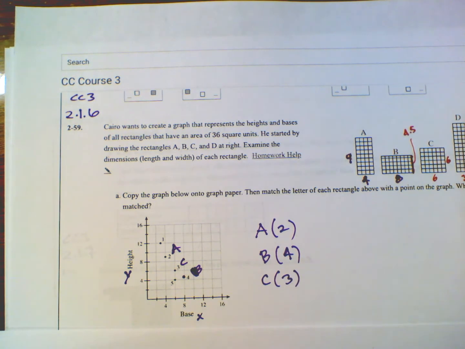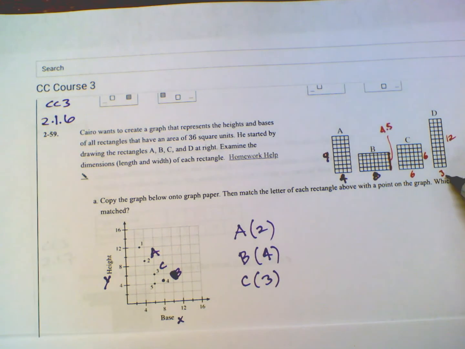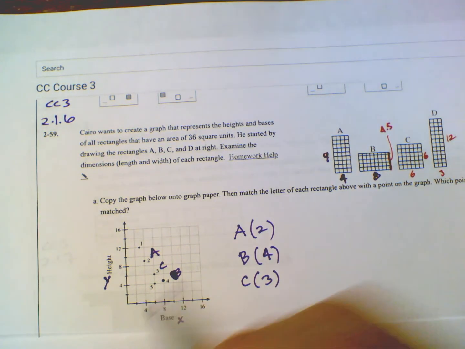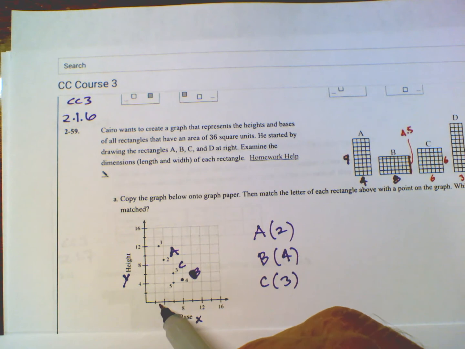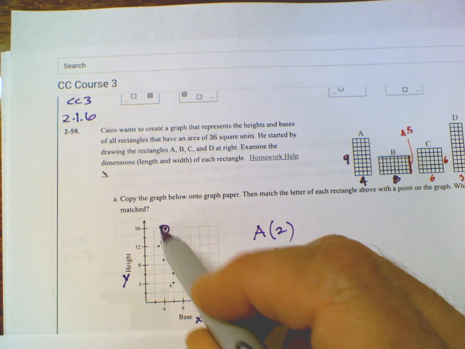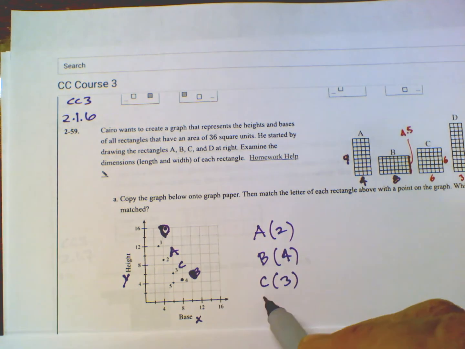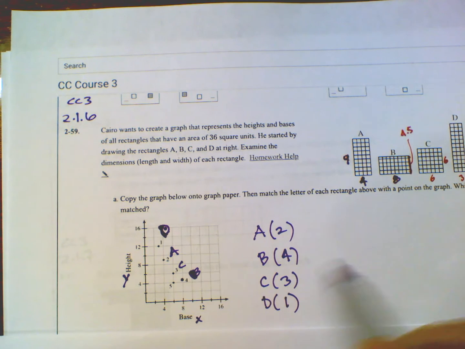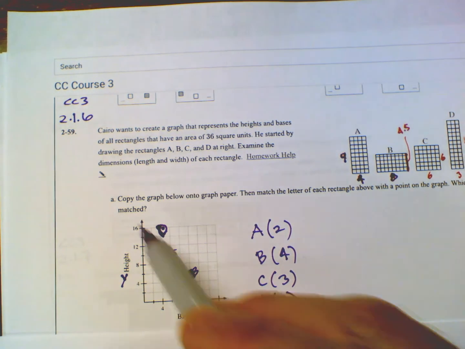And then D, so D here is a 3 by 12. So base is 3, which is right around here, and up at 12. So rectangle D is 1. So D goes with 1. All right. So then it asks which point is not matched.